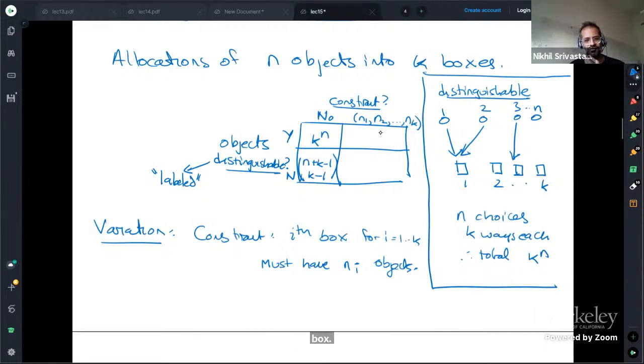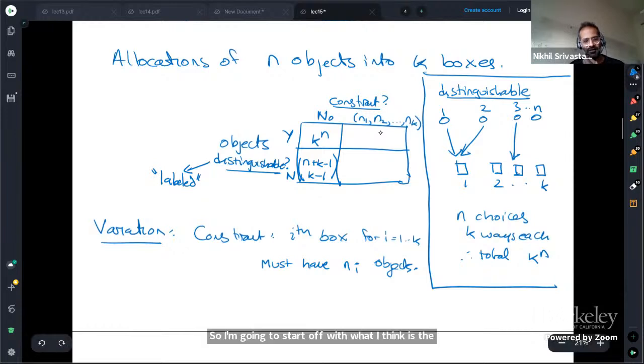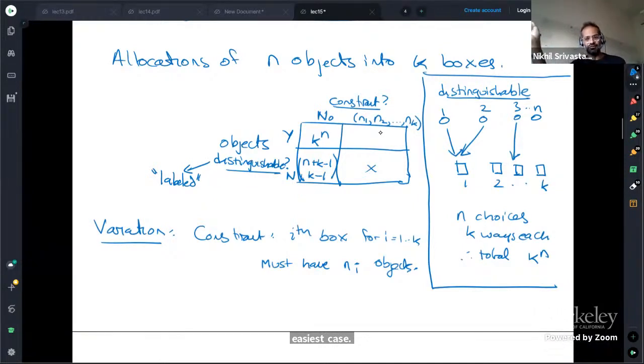So I'm going to start off with what I think is the easiest case. Suppose I have a bunch of indistinguishable objects. You can't tell them apart. And I have k boxes, and I tell you I want 5 in the first box, 2 in the third box, and 10 in the last box.